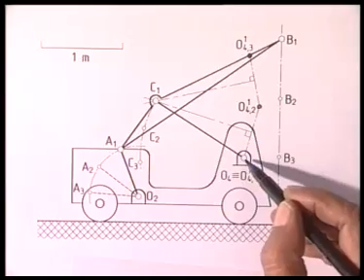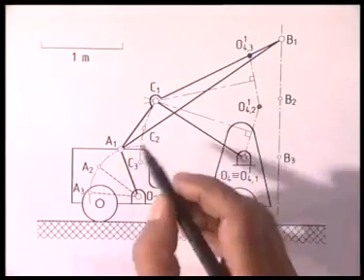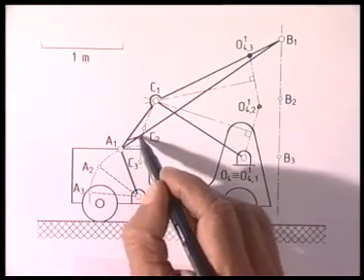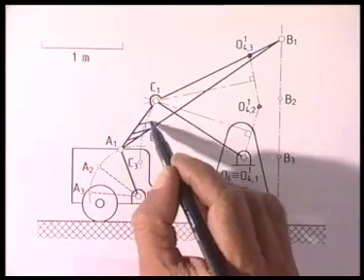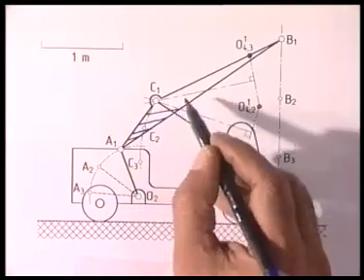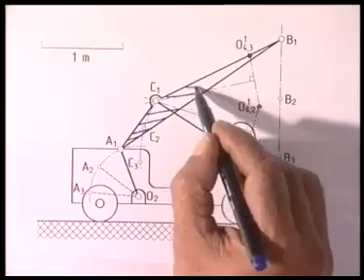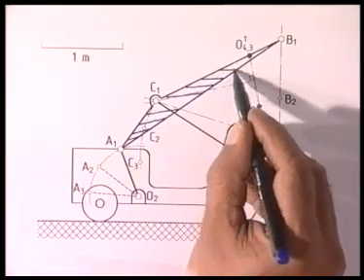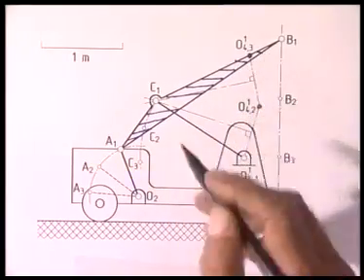So, here the location of O4 is convenient, but as we see, the coupler has become not a very lean member, but a heavier member, triangular in shape.